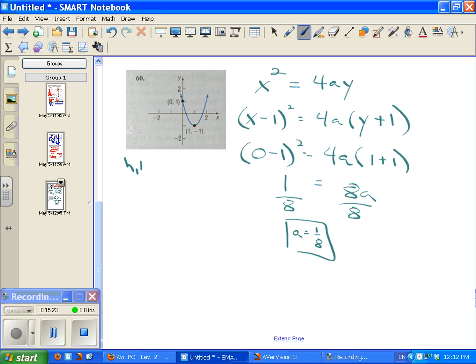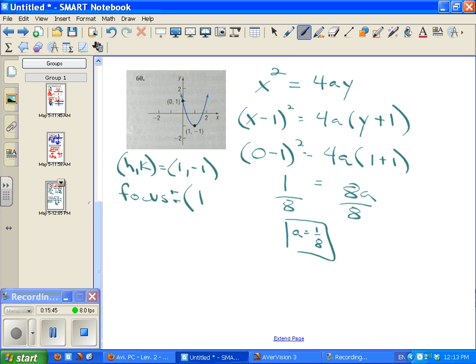This was the easy one. And then the focus, no, we're a little off. It's the other way around.